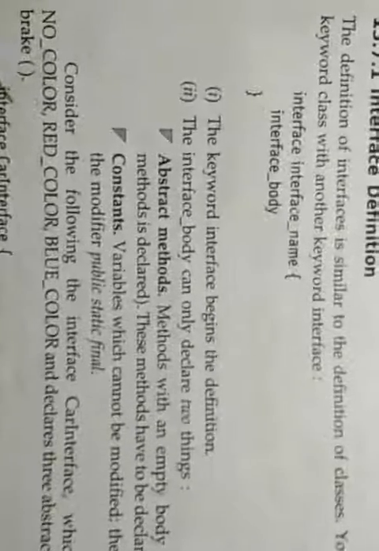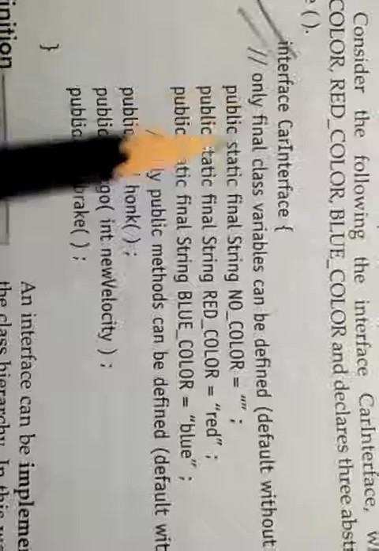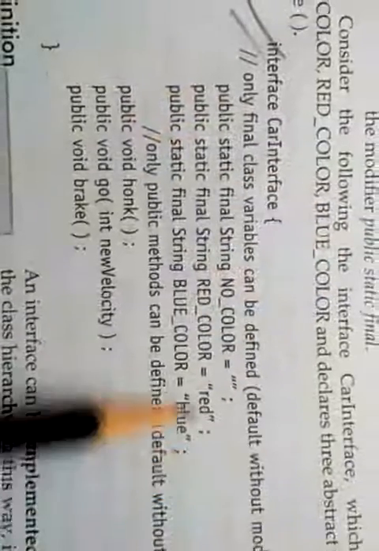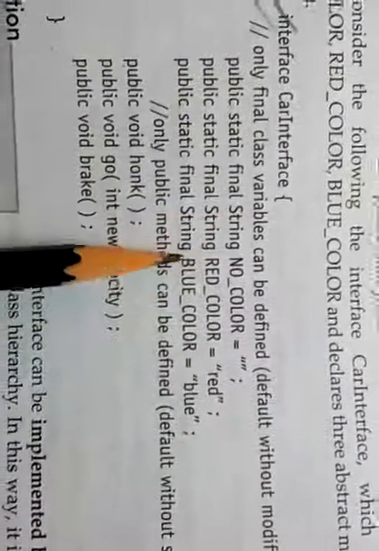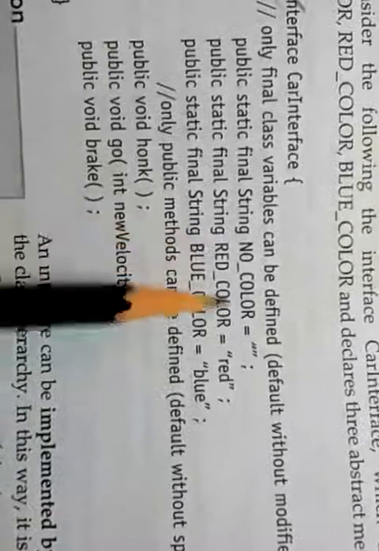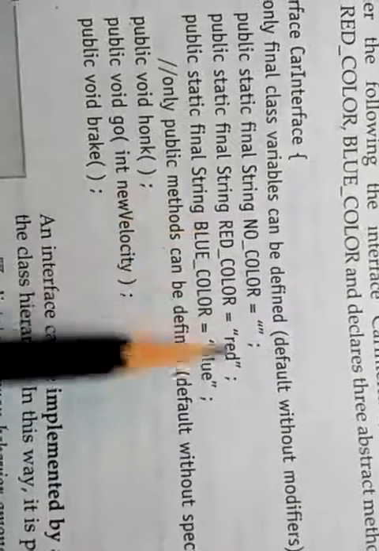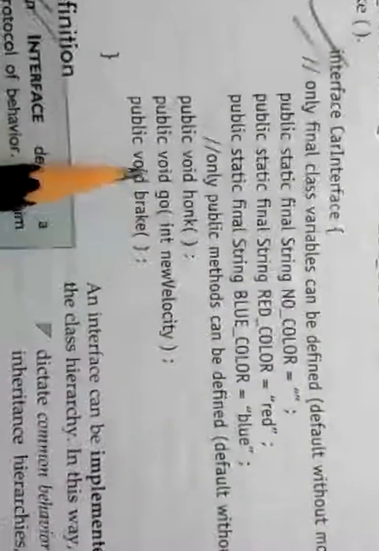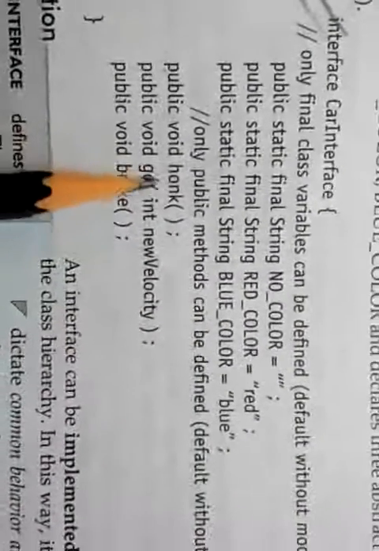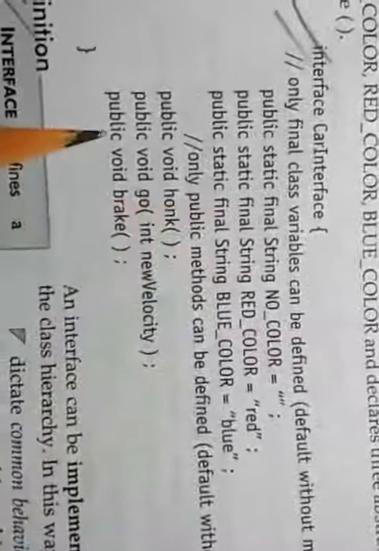So here we are creating an interface CarInterface, and here we are declaring constant variables of string type: NoColor, whose value is empty, the value of Red is red, and the value of Blue is blue. And these are the abstract methods in CarInterface.